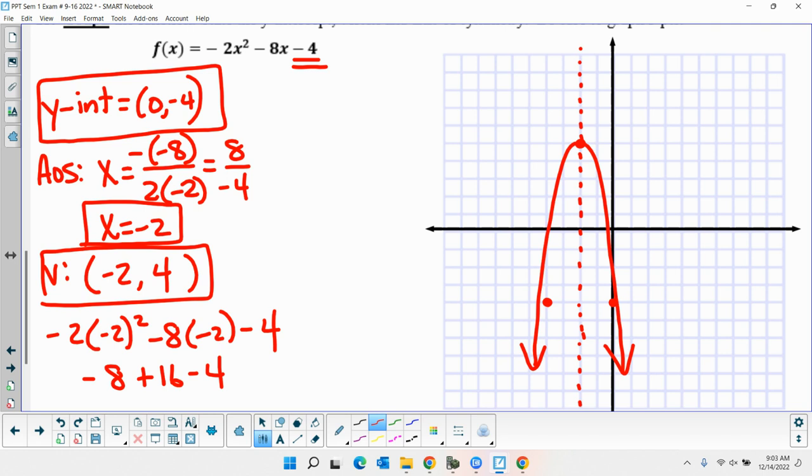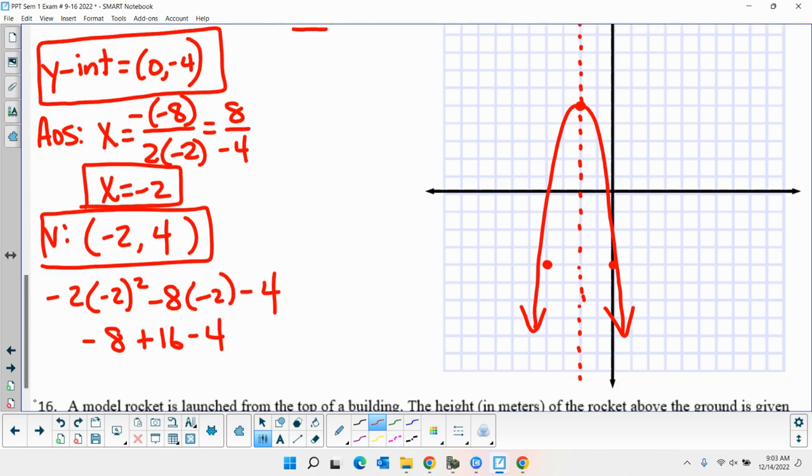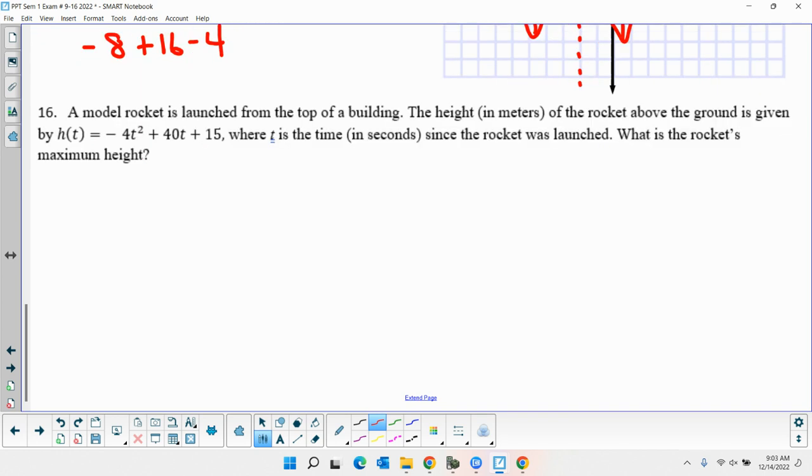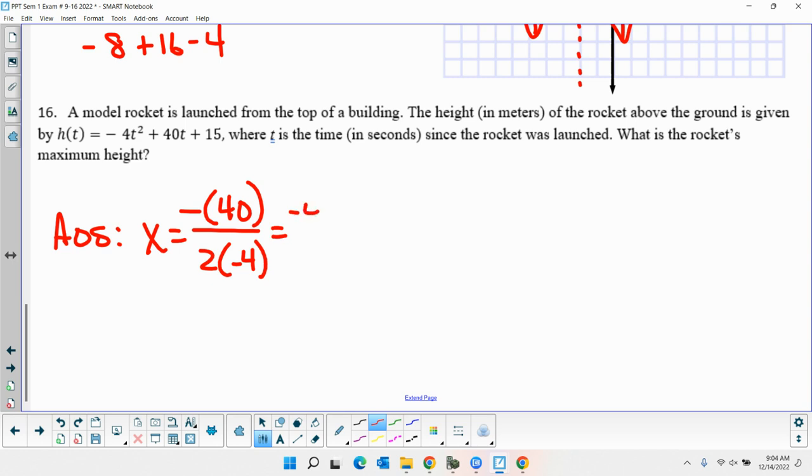Okay, 16, last one for today. We're finding the vertex because we're looking for the maximum height, right? So I've got to find my axis of symmetry first. Negative b over 2a, negative 40 over negative 8, so x is positive 5.